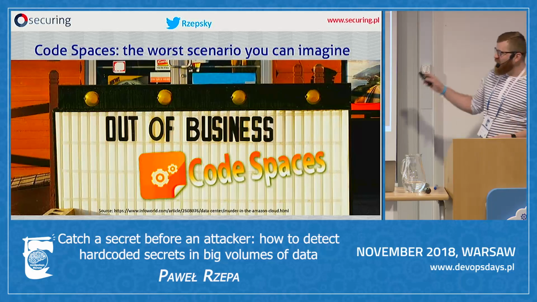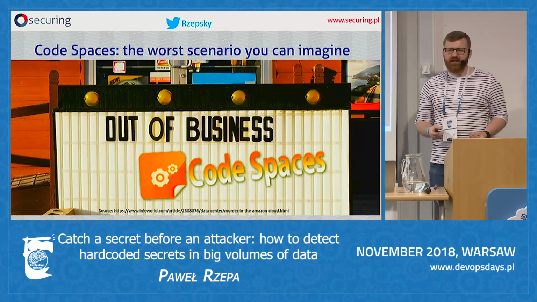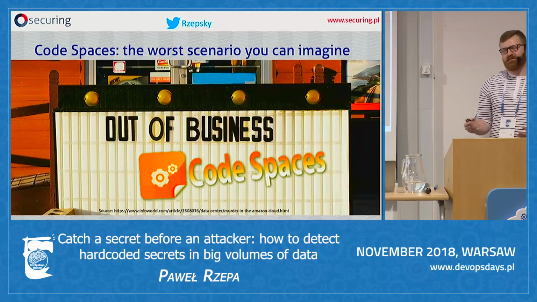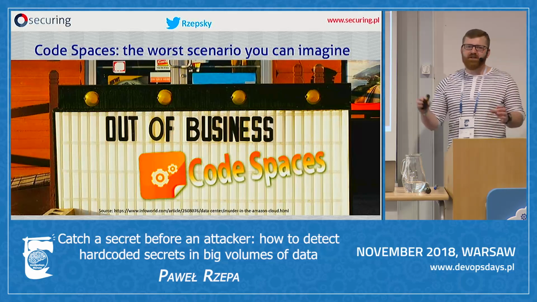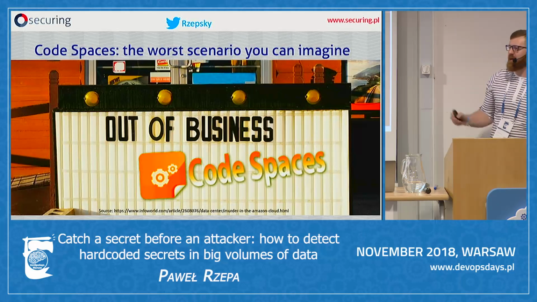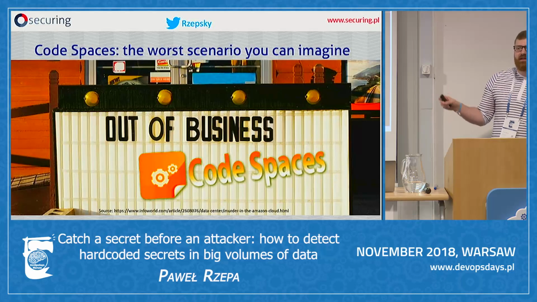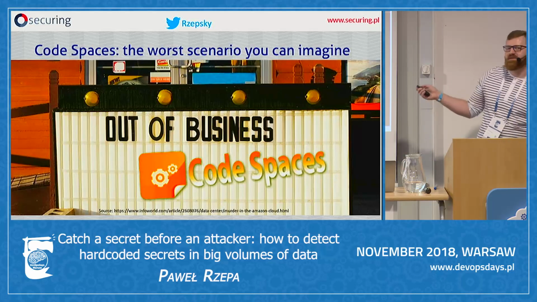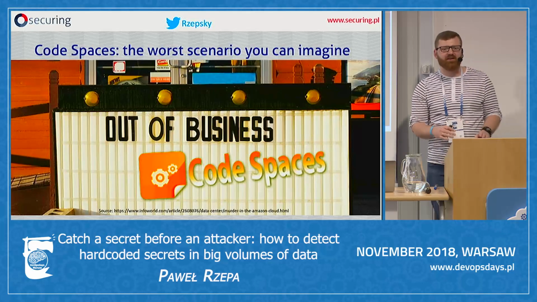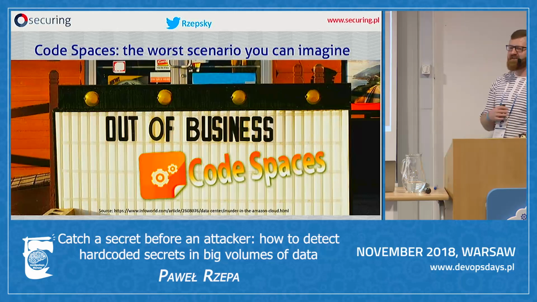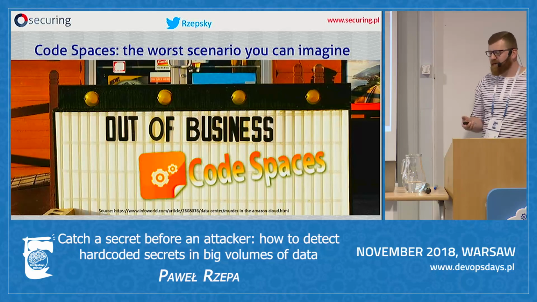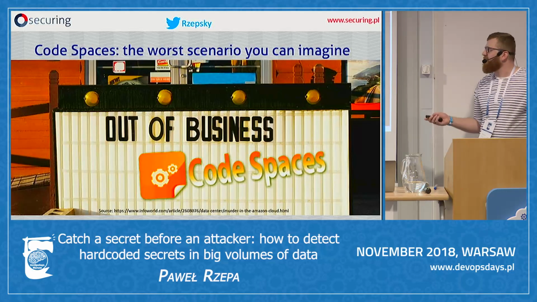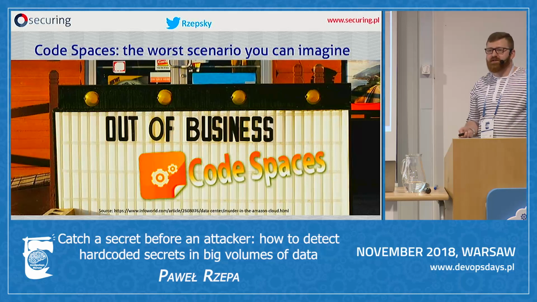So one key just leaked, and the attacker was able to escalate his privileges. Then he made some backup account, and when he saw that the DevOps were deleting his accounts, he started removing all the resources. So in just one day, the company failed. The company stopped existing. So that's the worst case scenario.